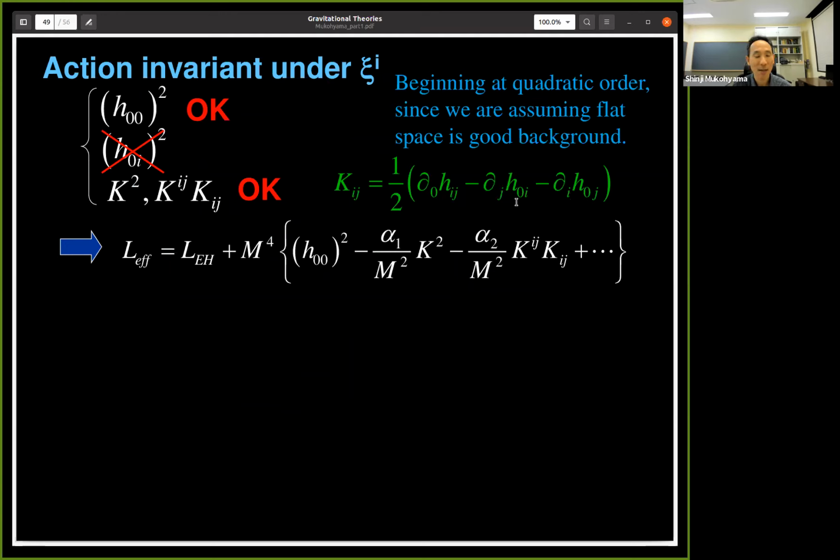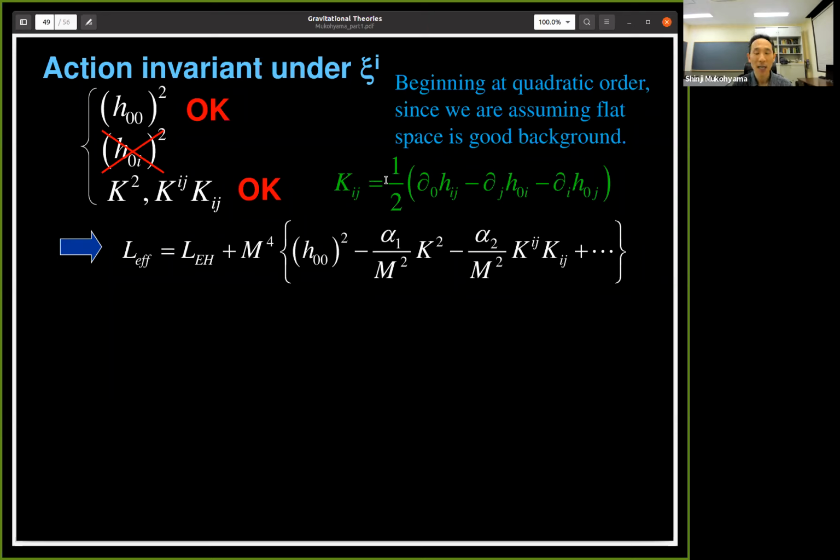If we take the difference, this is invariant. This is nothing but the extrinsic curvature that we have seen in the Hamiltonian analysis of general relativity. It represents how the constant-time surface is embedded in space-time. That's why this is invariant.